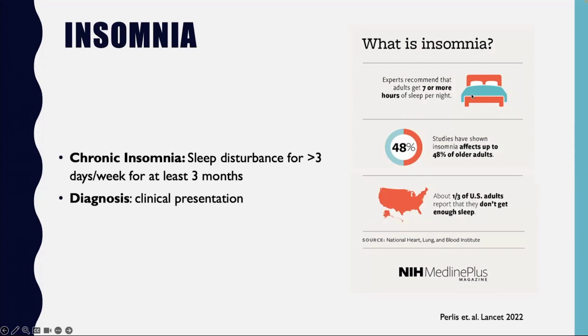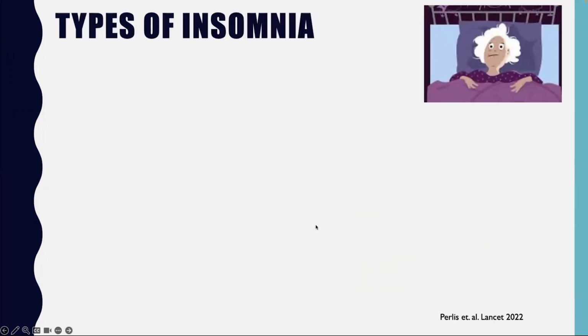As I mentioned before, the American Academy of Sleep Medicine recommends 7 or more hours of sleep per night, and studies have shown that insomnia affects up to 48% of older adults, and about a third of US adults report that they don't get enough sleep, which is at least 7 to 9 hours per night. So it is a huge problem in the general population, but especially in the elderly population.